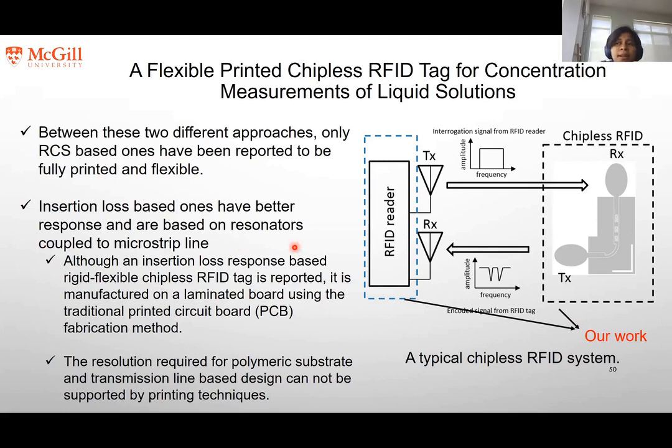There is actually no insertion loss based, flexible, chipless RFID. We started with a microstrip line, and you saw when I was talking about the printing process how it went wrong, because the aerosol printer we had available could get the gap, but not the thickness. So there was a real problem.